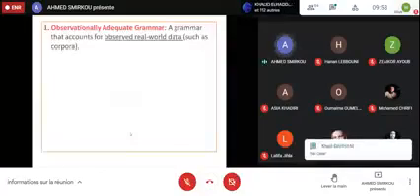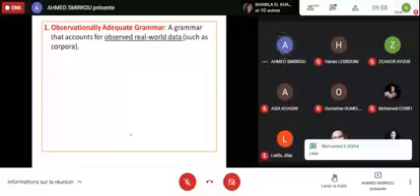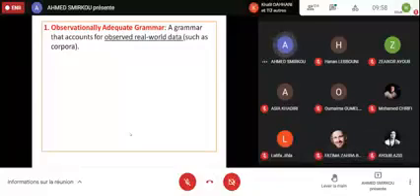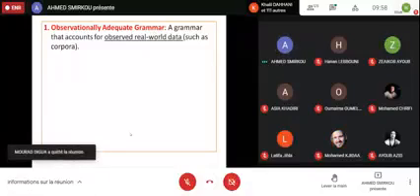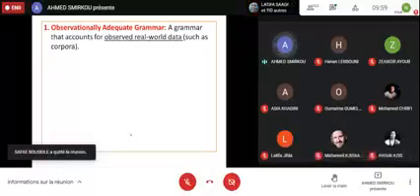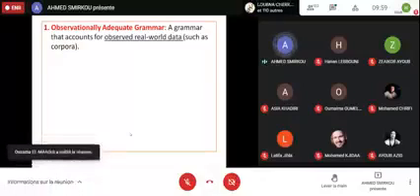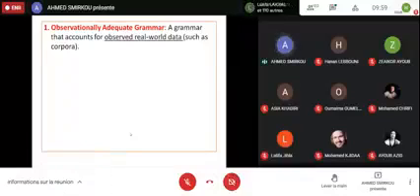Okay, now we move on to three main concepts: observationally adequate grammar, descriptively adequate grammar, and explanatory adequate grammar. So, observationally adequate grammar means a grammar that accounts for observed real world data, such as a corpus.